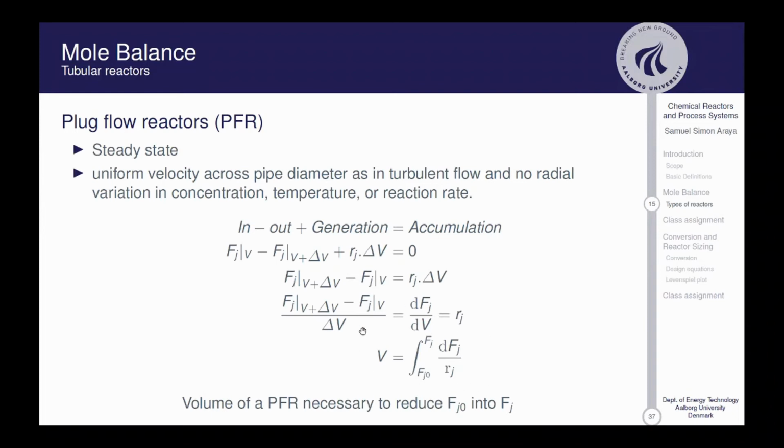Usually in flow reactors, what we need is the volume that we need to design that's enough for the reaction to take place. So we can rearrange this to give us the volume of the reactor, and the volume of the reactor in this case is equal to the integral from the inlet to the outlet, from the molar flow in to the molar flow out, of dF divided by r.